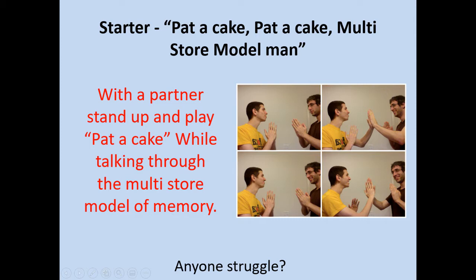So you can see the guys doing it in the photo there. And what I want you to do is I want you to explain the multi-store model of memory at the same time. Okay, so it doesn't matter who you get as your partner, just do that and run through that. Okay, that'd be brilliant.